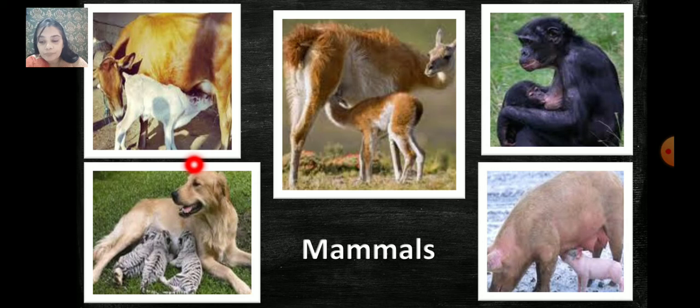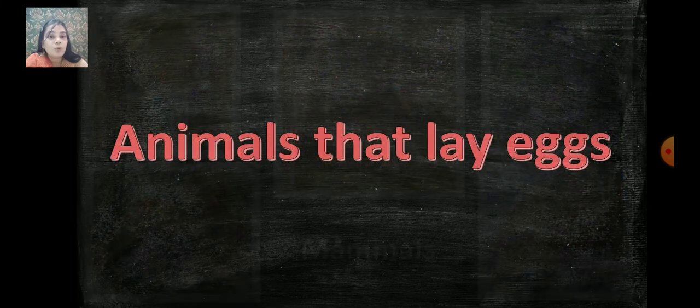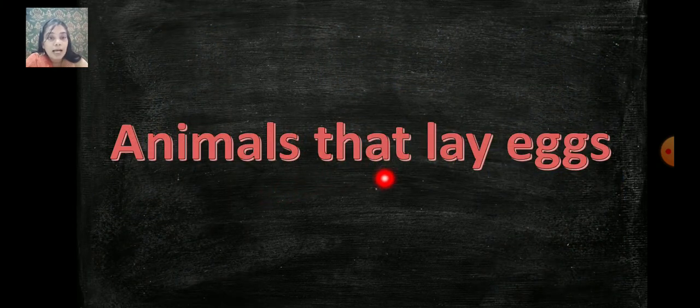So animals that give birth to babies are called mammals, and the mothers feed their babies with their own milk. You can write any examples like this. Now the next one is animals that lay eggs. So what did we learn now?